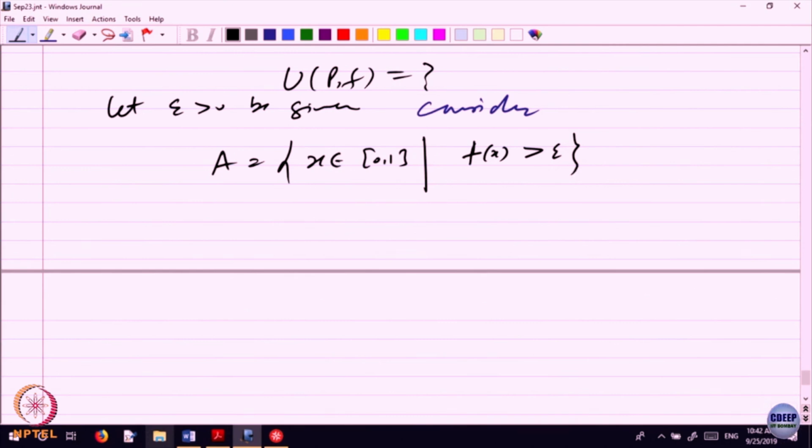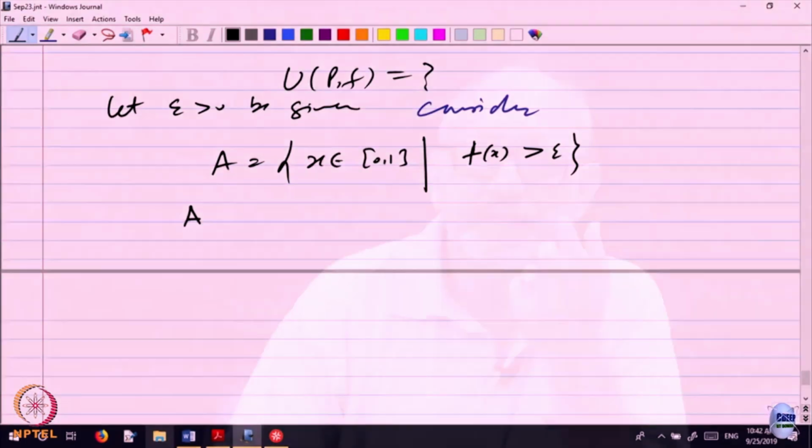What can you say about A? f of x is bigger than epsilon when f of x is 1 over q. So how many q's are possible so that 1 over q is bigger than epsilon? Countably many? I don't know, I am asking.